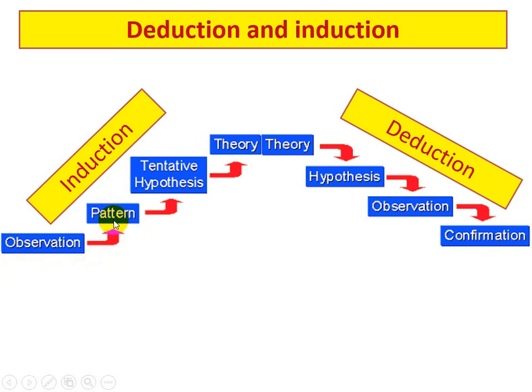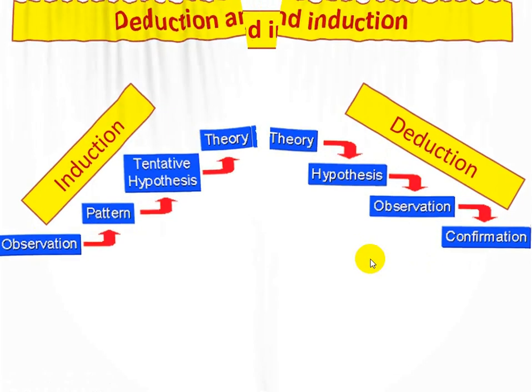After that, we adopt this pattern to create a tentative hypothesis. And this tentative hypothesis may lead to a theory. So in the case of induction, we start with observation and end with theory. But in the case of deduction, we start with theory and end with the confirmation. This is very important.